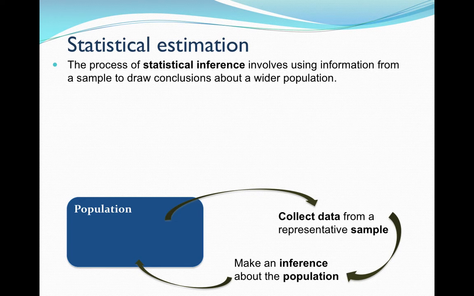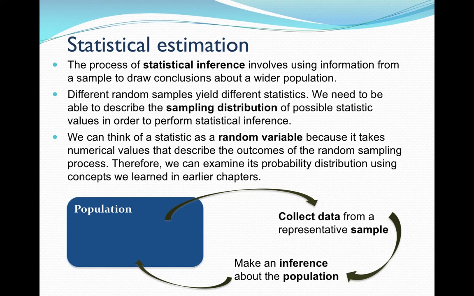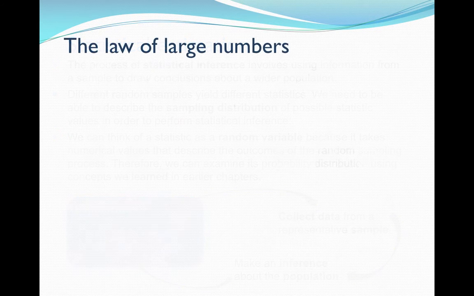When we're talking about statistical inference, we are generally collecting data from a sample, and then we make a generalization about the population based on that. And when we do this, we are referring to a specific sampling distribution based on all the different possibilities that might arise from the statistics that we're using or from the population that we are examining.